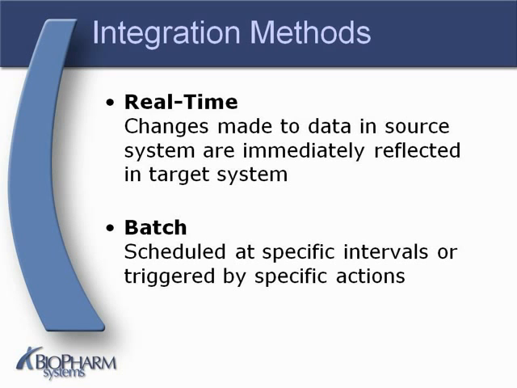Batch processing, on the other hand, will actually queue up your integration records in the source system and at a predefined interval will process and send all of the queued up records to the target system via the interface. So an example of this could be the return trip on the financial interface.